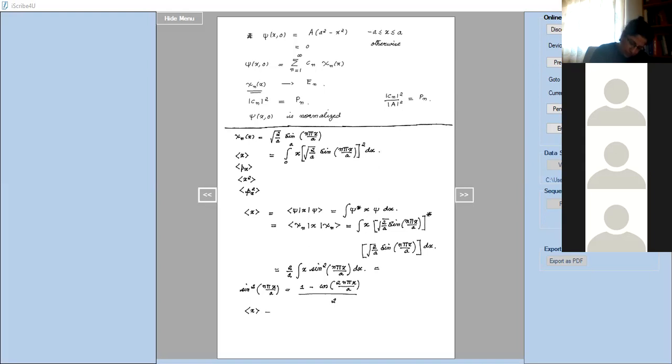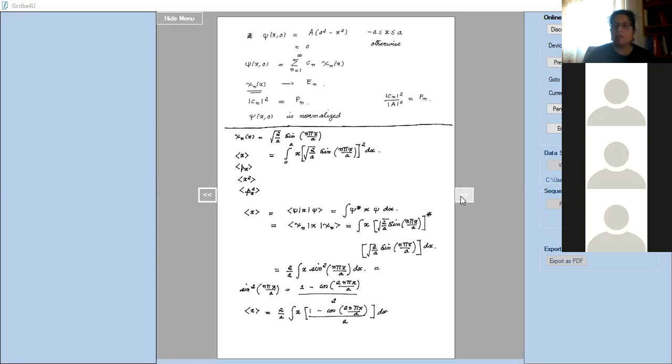So your x will be equal to 2 by a integral x into 1 minus cos 2n pi x by a, divided by 2, dx. Okay, I think I'll have to go on to the next page.